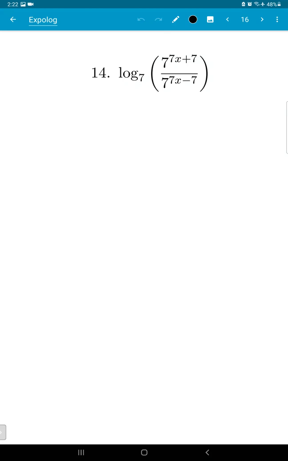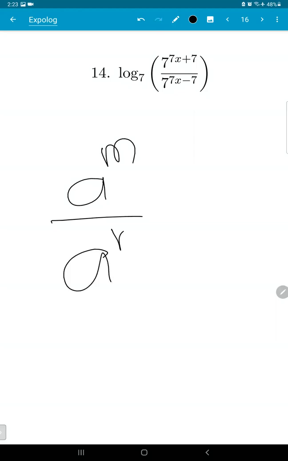So notice you have a logarithm base 7 and you have an exponential base 7 inside, which can be simplified. Try to simplify the inside first. Use this law, a to the m over a to the n equals a to the m minus n.